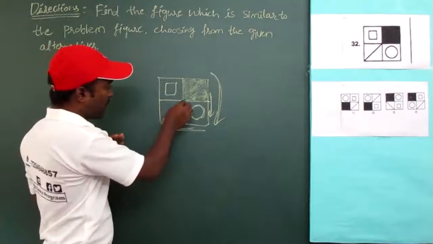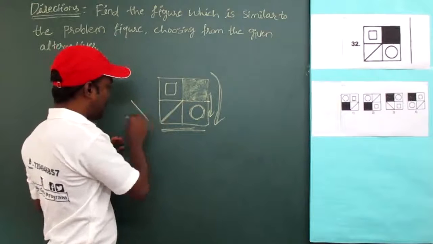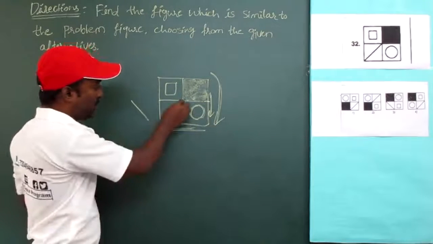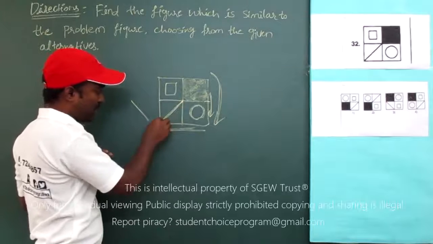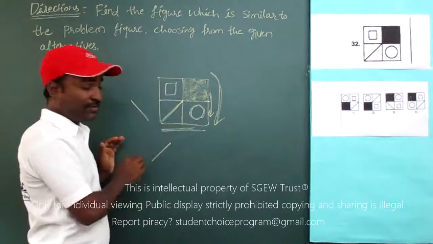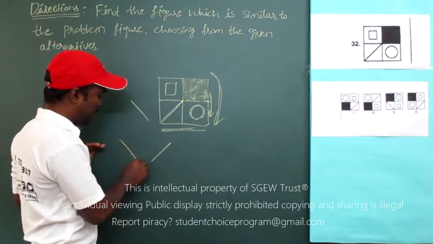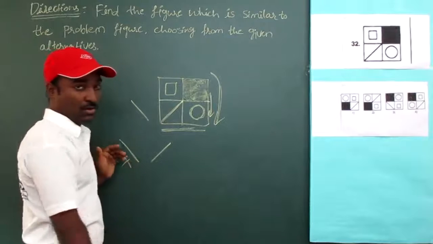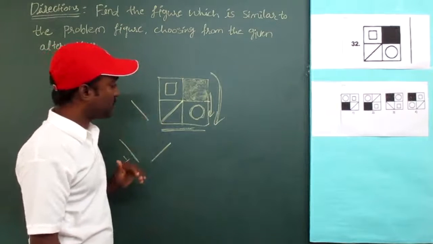If you see this inclination in this direction, then that will be the wrong option. So if the inclination in the given figure is like this, then the option should also have the inclination like this only. If it has the opposite inclination, then that option will be the wrong option. Now let us see.